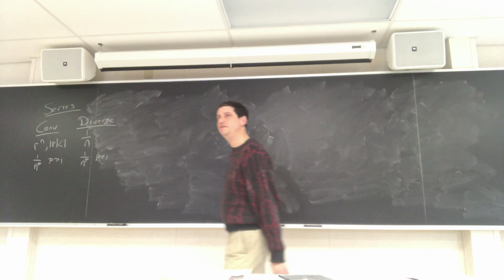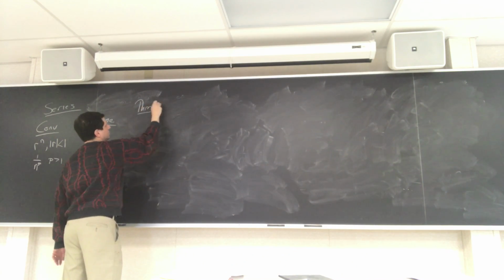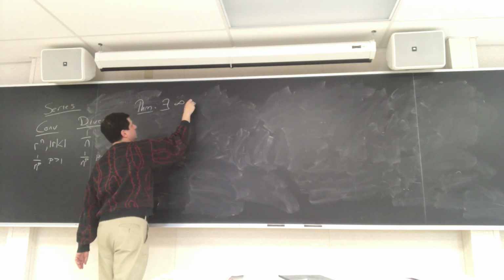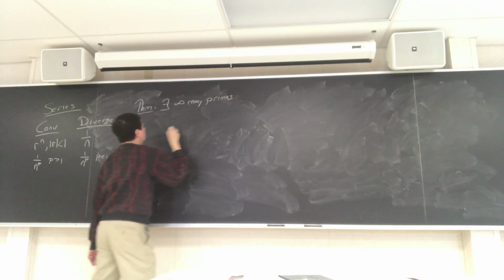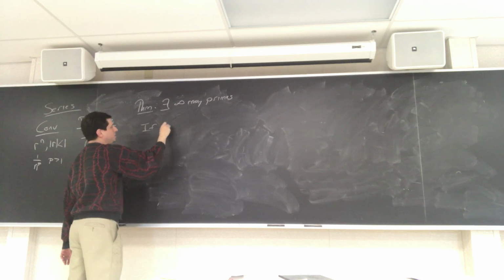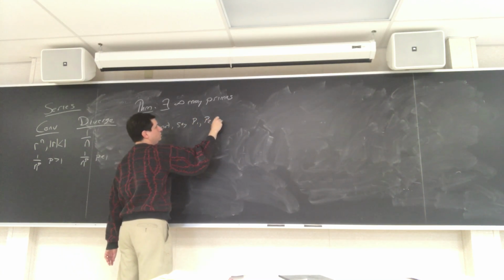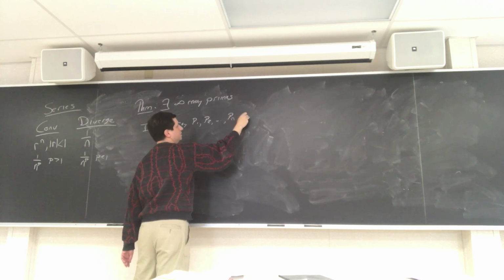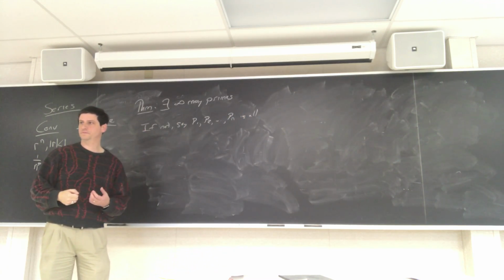So the claim is that there exist infinitely many primes. If not, say P1, P2, ..., Pn is all of them. We just list them all.